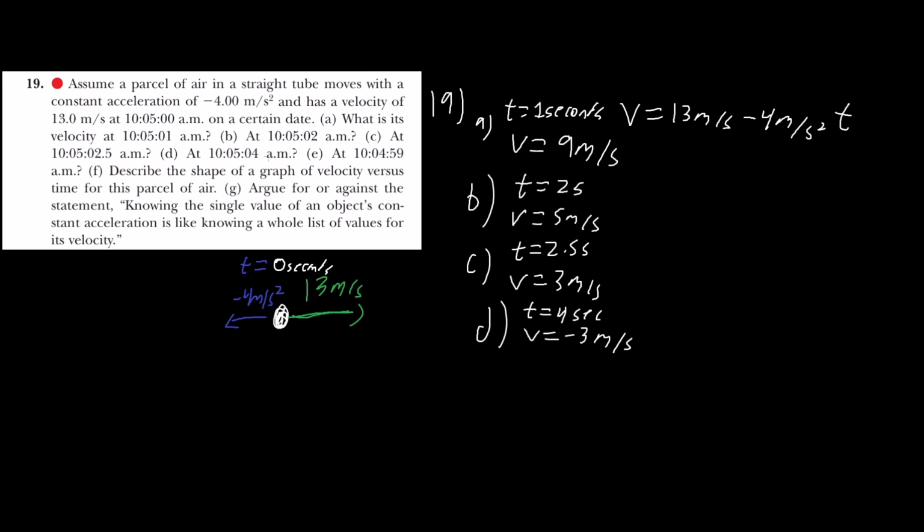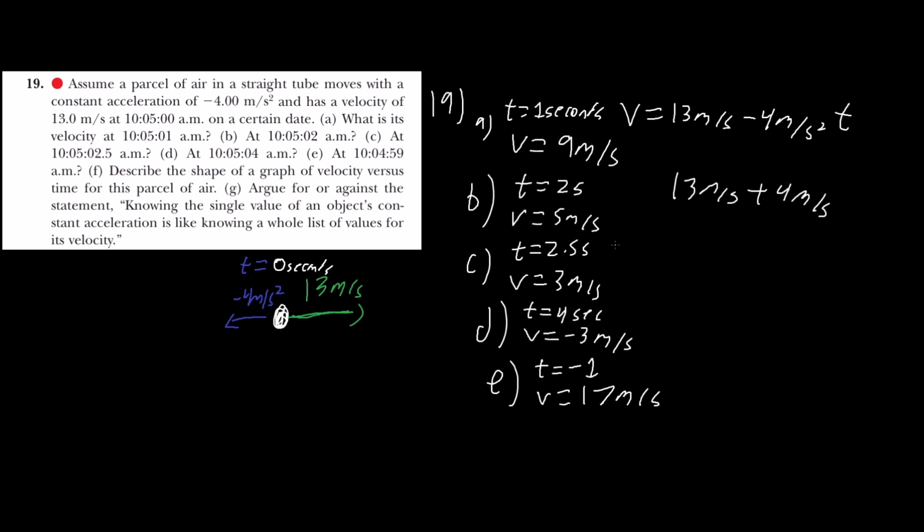And part E is asking at -1 second, so 1 second before. That would be 13 meters per second plus 4 meters per second, so that would be 17 meters per second.